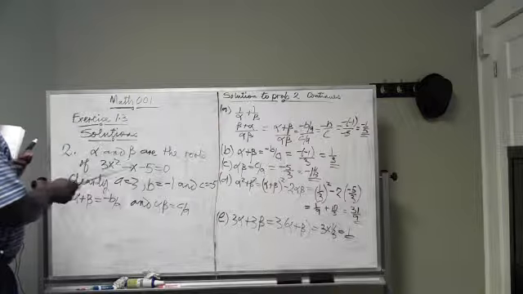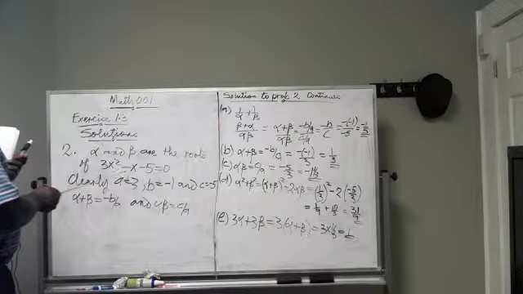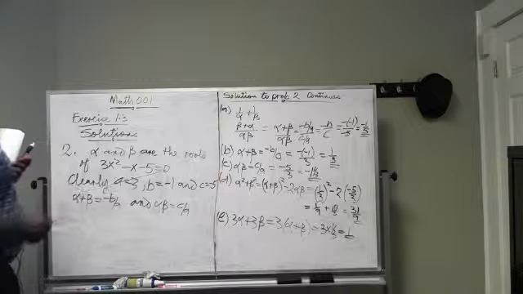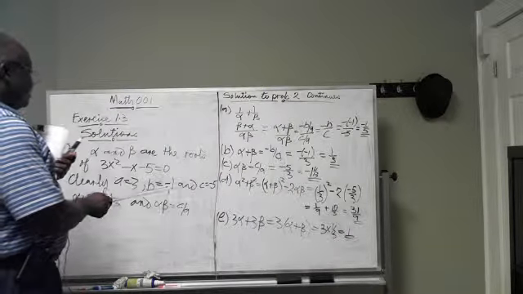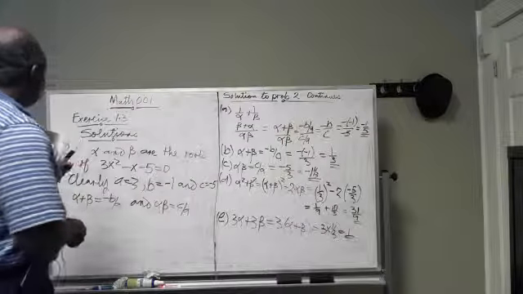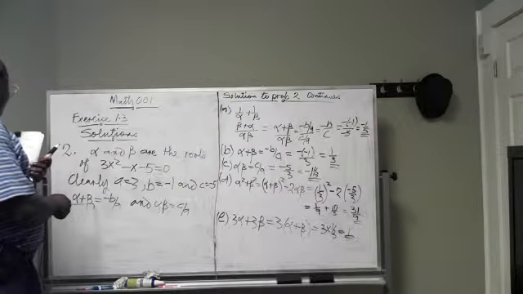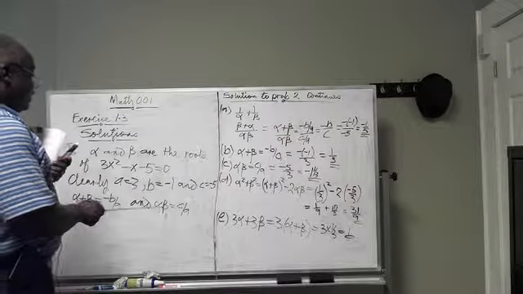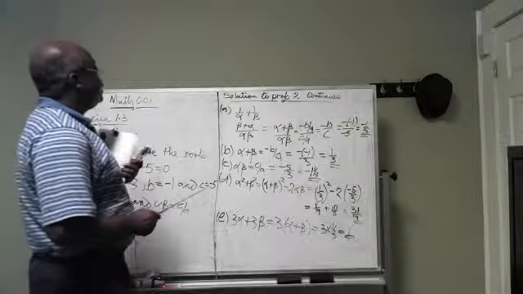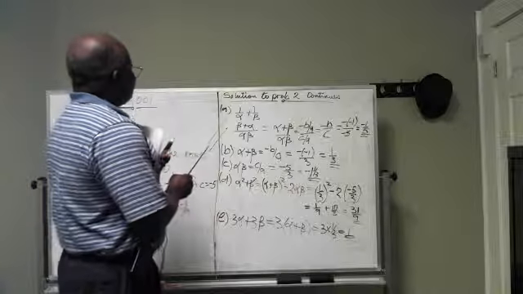Given alpha and beta are the roots of 3x squared minus x minus 5 equals 0. Clearly, a equals 3, b equals minus 1, and c equals minus 5. Alpha plus beta, we recall, is equal to minus b over a, and alpha beta equals c over a. Question 2a.